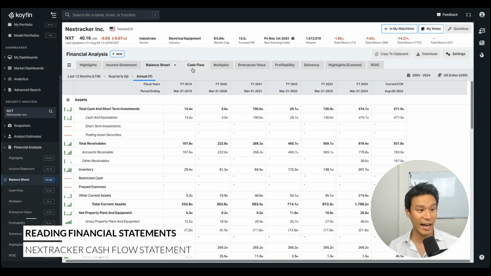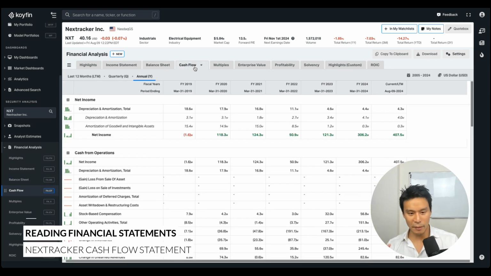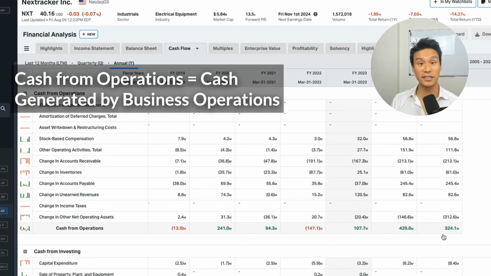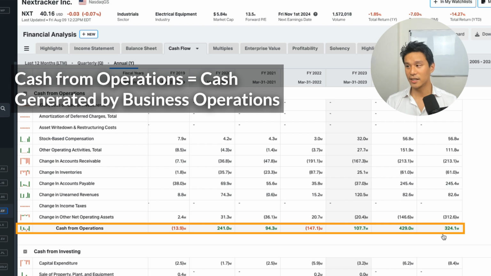Now let's jump into the cash flow statement. When I look at the cash flow statement, I immediately zone in on two things. The first is I want to look at the cash from operations because that tells me if the business operations are producing cash. It's a really big warning sign if you see the company is generating profits on its income statement, meaning the net income is positive or even the operating profits are positive, but the cash flow from operations is negative.